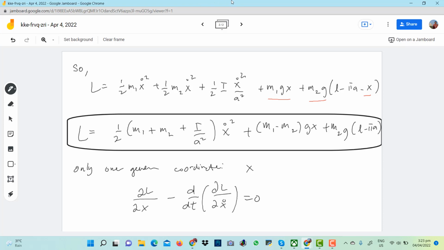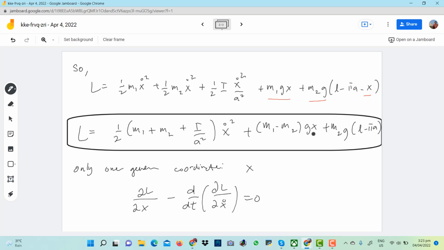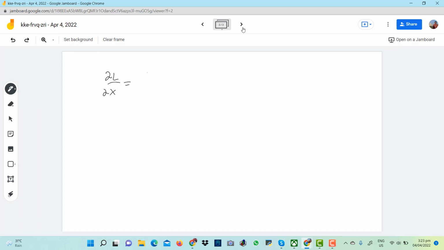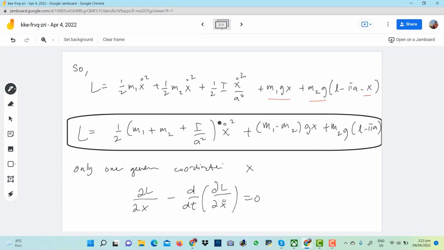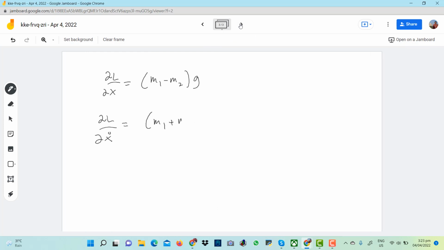If I derive L with respect to x, I have m1 minus m2 times g. While partial L with respect to x dot, the 1 half is gone, so only x dot remains: m1 plus m2 plus the moment of inertia over the radius square, times x dot.